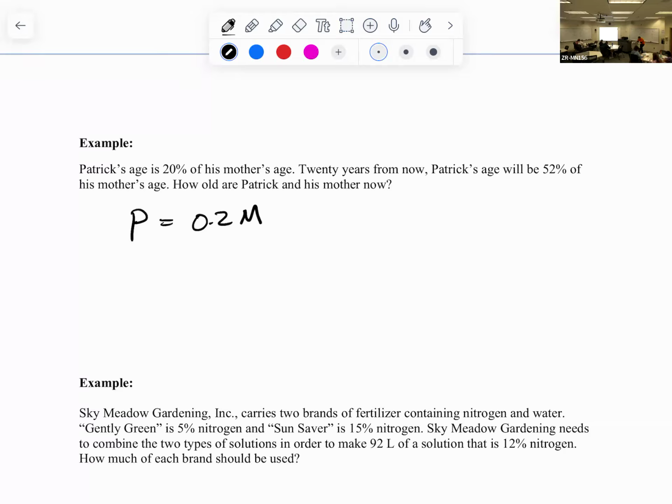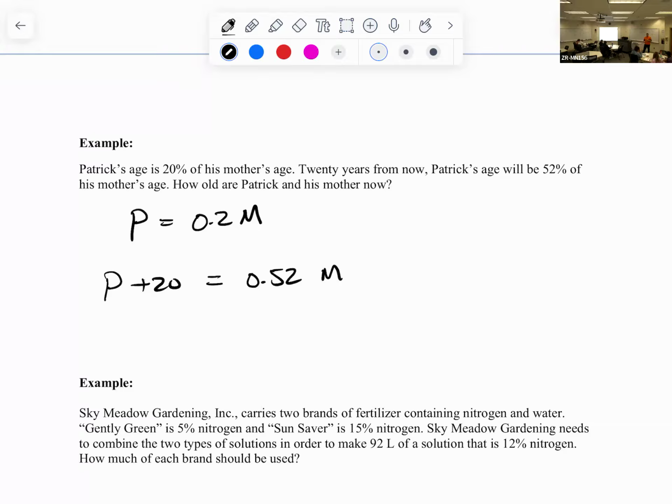So that starts pretty close, 20 years from now. So how do I involve that? P plus 20. P plus 20. All right, will be, that is the future tense of is. So 0.52. And then, is that it?